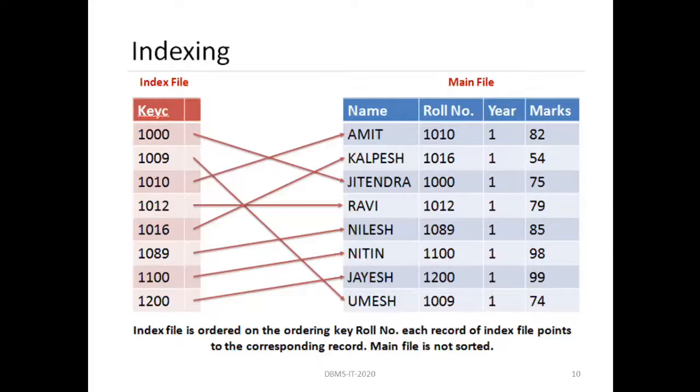Like that, here the indexing is happening. The index file consists of just a short description, and from that you can find the actual data that is stored in the main file. That is the basic indexing concept.